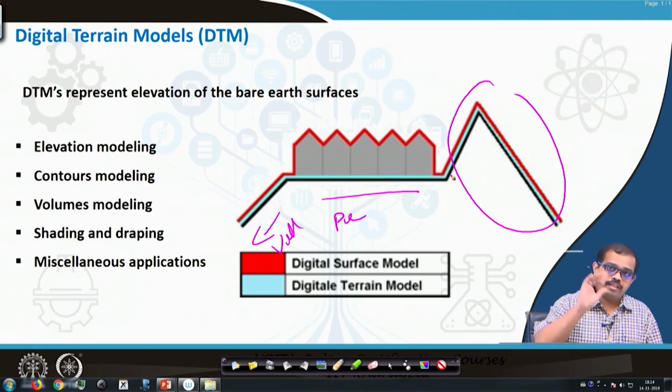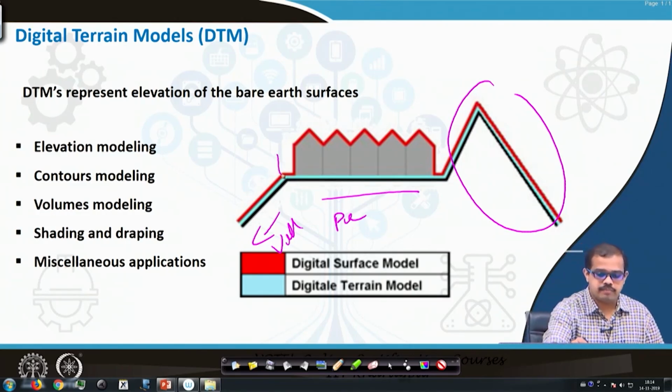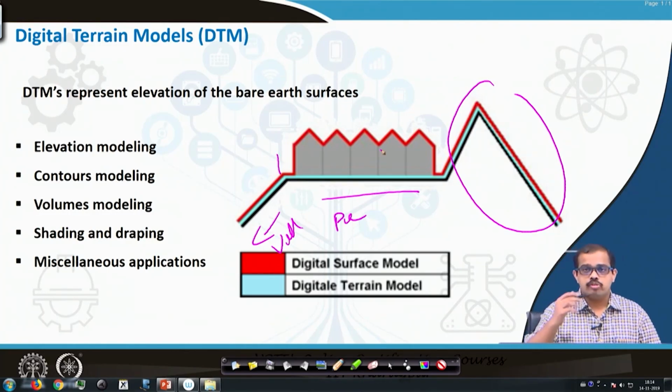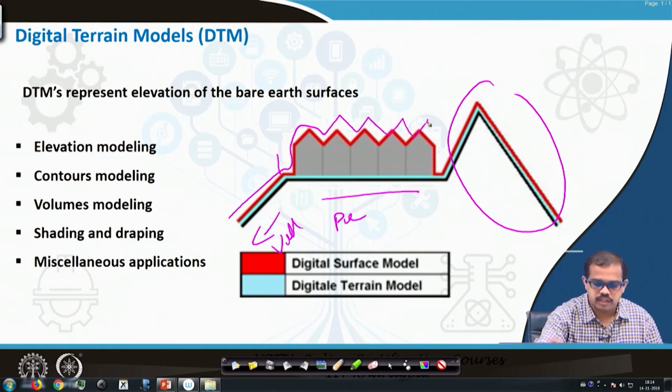If there is human interference, or natural development, there may be a tree here, or houses that have been developed. If that is also used, then you find out what is on the surface, and you get a model like this. Let us say if there is a tree, it would come out something like this.